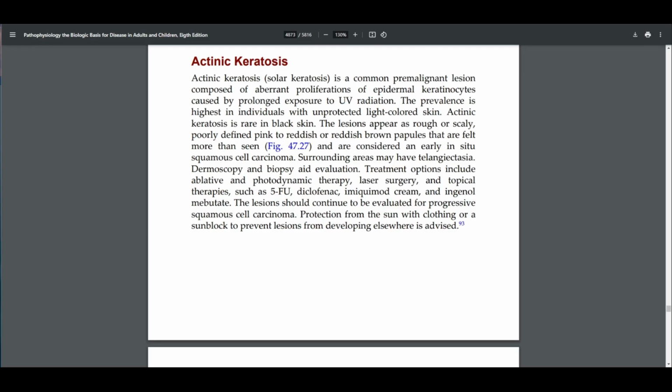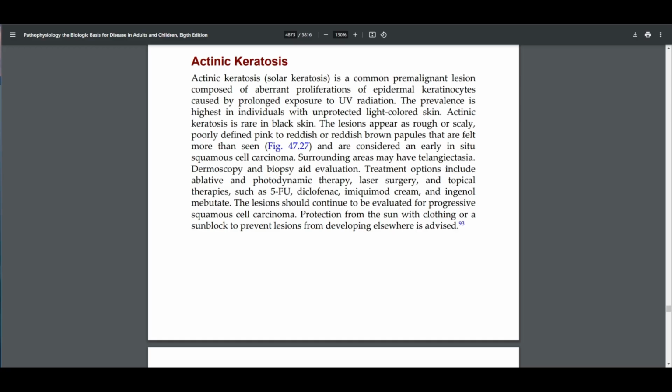Surrounding areas may have telangiectasia; dermoscopy and biopsy aid evaluation. Treatment options include ablative and photodynamic therapy, laser surgery, and topical therapies, such as 5-FU, diclofenac, imiquimod cream, and ingenol mebutate.